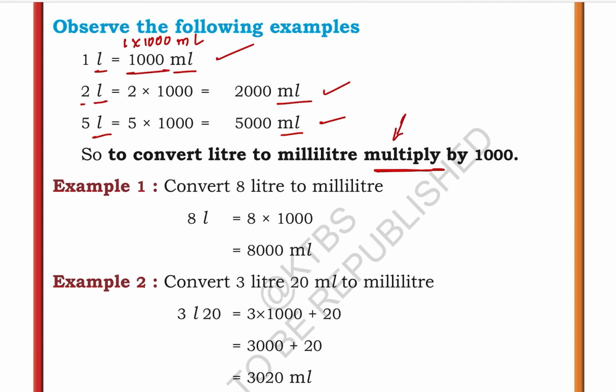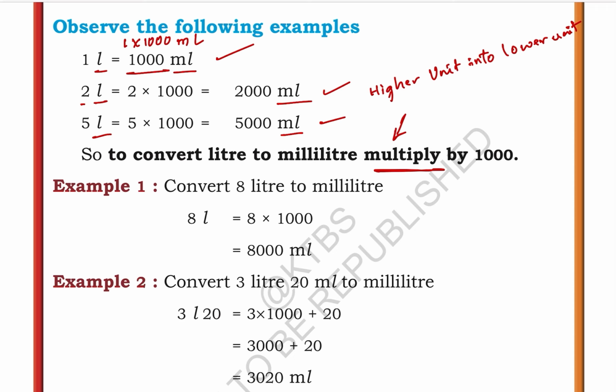Multiplication only comes when you convert from a higher unit into a lower unit. Liter is the higher unit, milliliter is the lower, smaller unit.